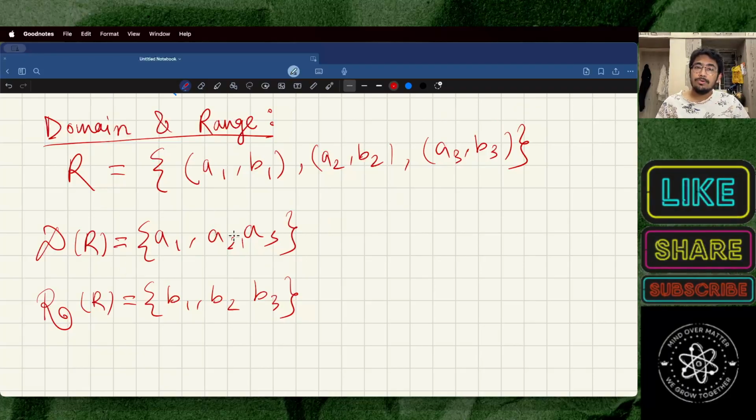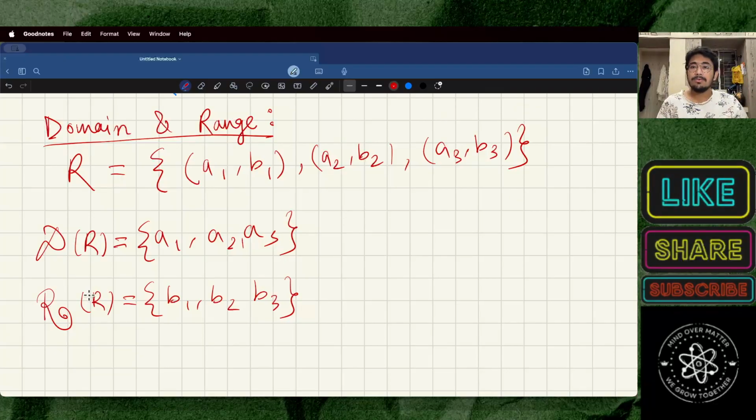Okay, so it's just the first element of every tuple forms the domain, and the last element of every tuple forms the range of the relation R. It says that R is related from its domain to its range. That means it takes an element from its domain and then it maps it to the range.